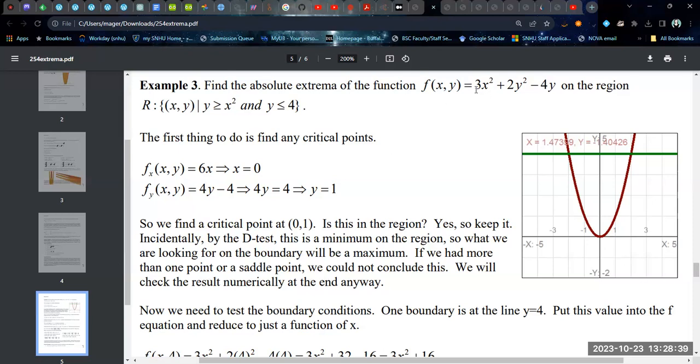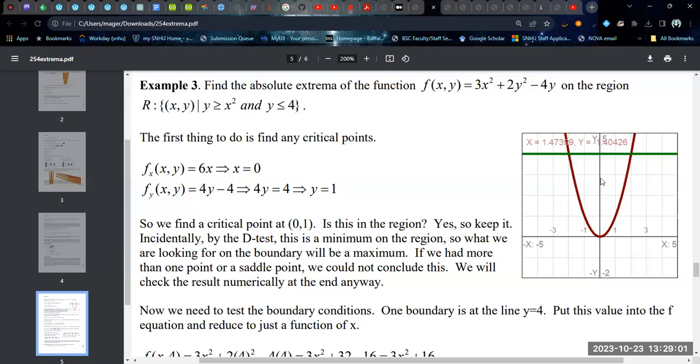Now we have this function 3x squared plus 2y squared minus 4y. And in addition to that function, we have restricted it to a particular region. In this case, y is greater than x squared, so above this parabola, but less than 4.